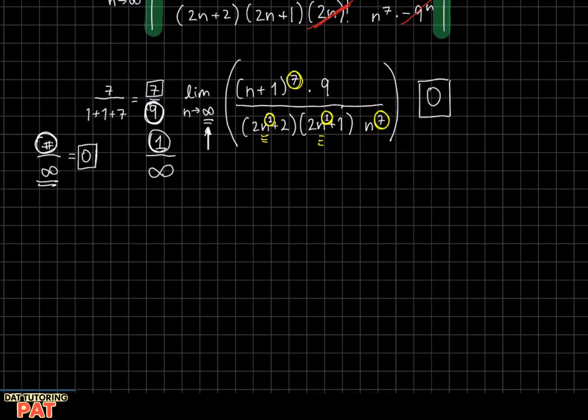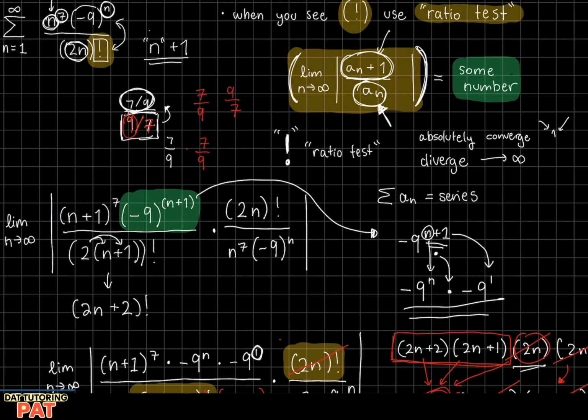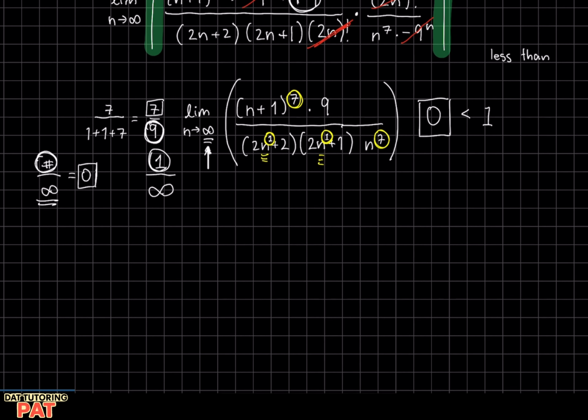And then something you need to know about the ratio test, we'll go over other practice problems to give you different examples. But if you have a 0, that's less than 1. And that's important to remember for the ratio test, because if some number that you get from this is less than 1, you're going to absolutely converge.